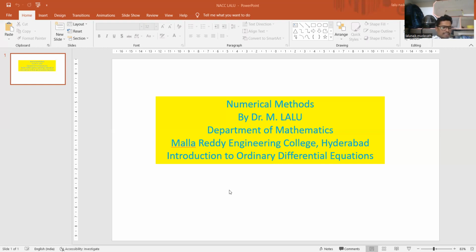So F tangential is equal to minus mg into sine theta, and tangential acceleration a tangential is equal to r alpha, where r is the distance of the point from the center of the body, g is the acceleration due to gravity, and alpha is the angular acceleration, given as alpha is equal to d square theta by dt square.